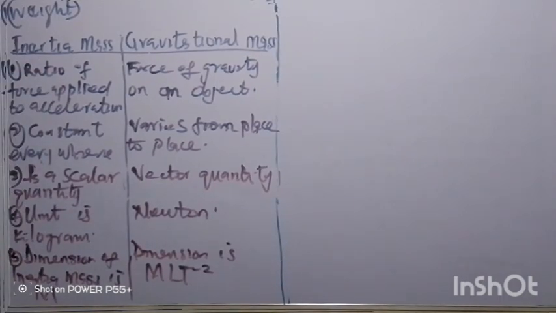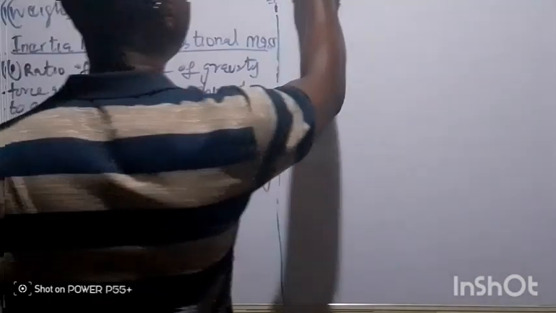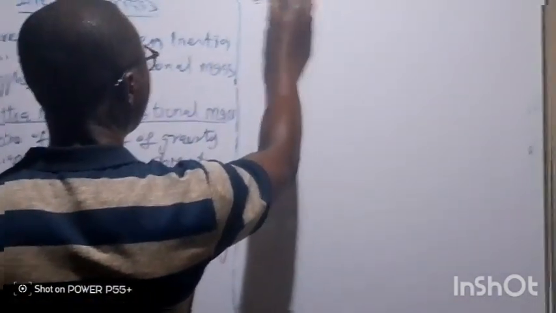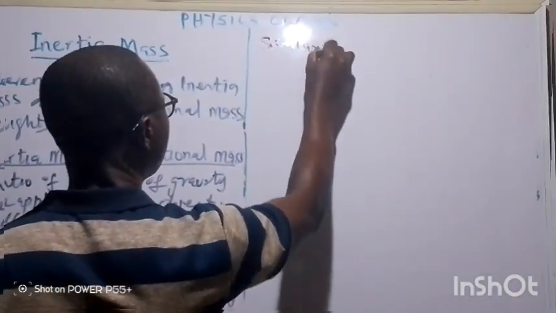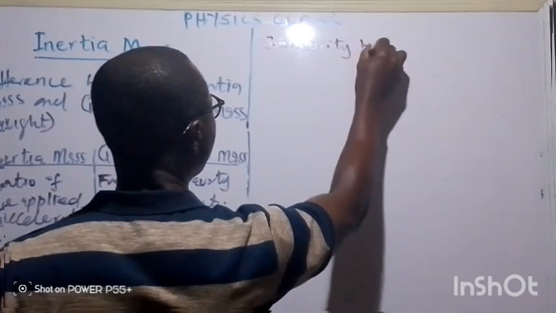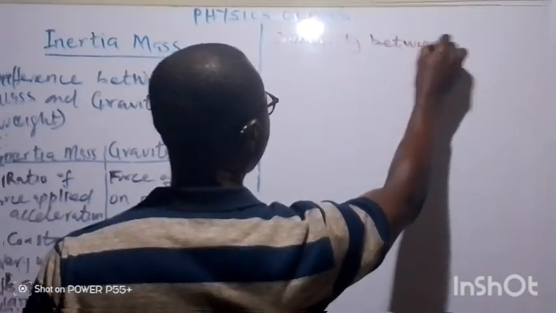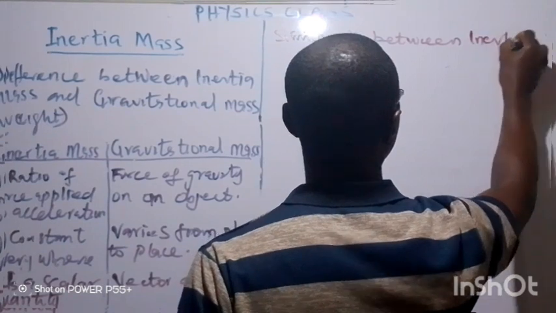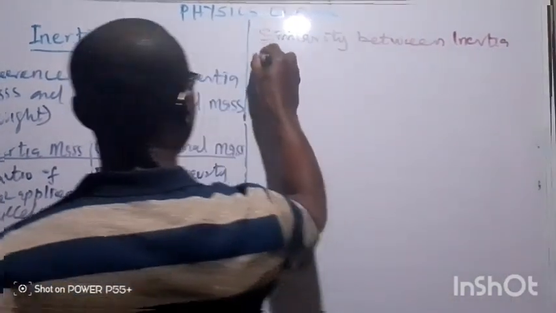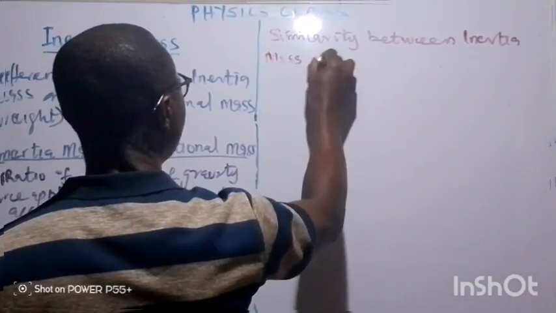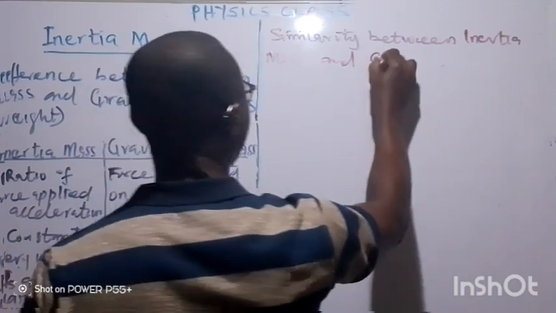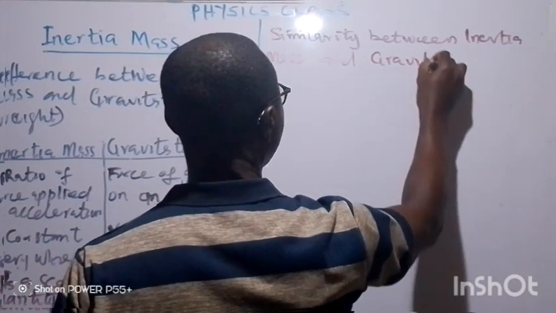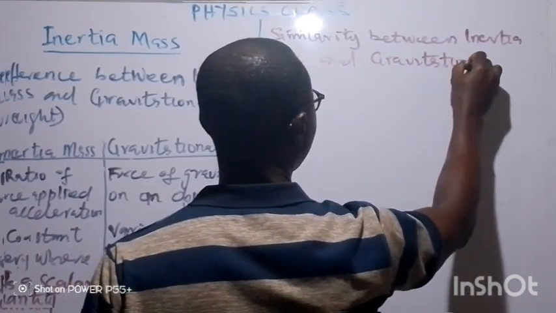Then we can now talk about the similarity between inertial mass and gravitational mass.